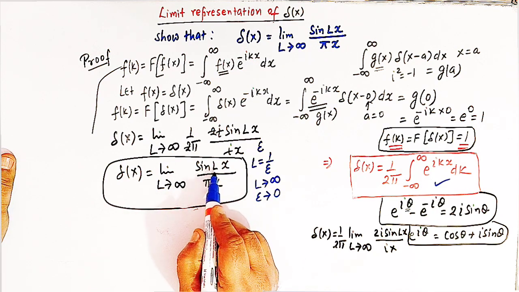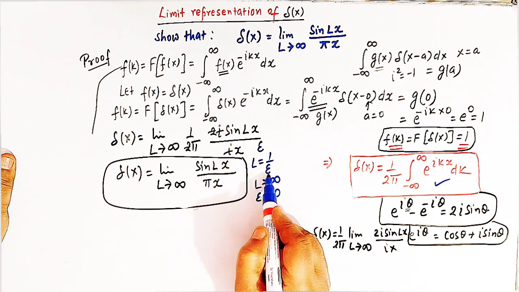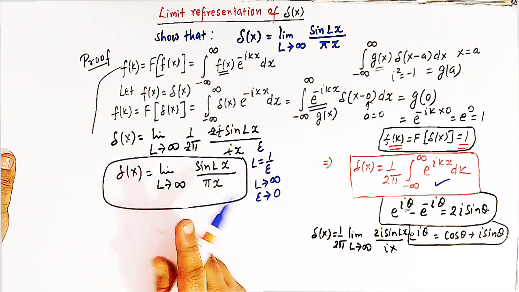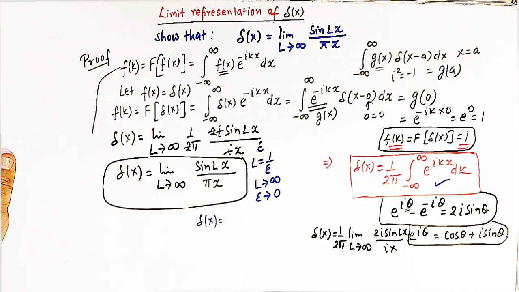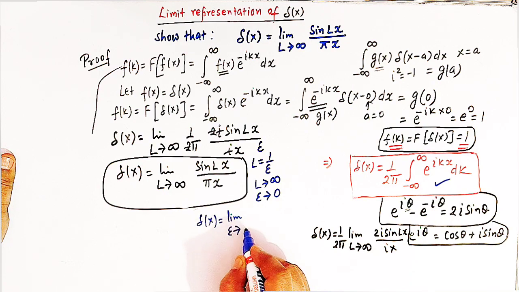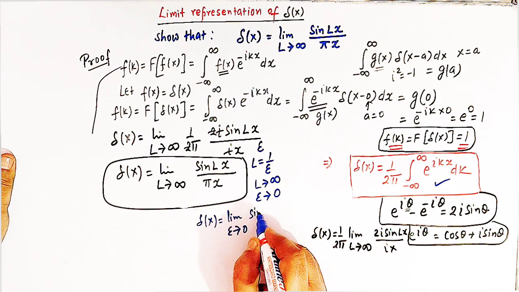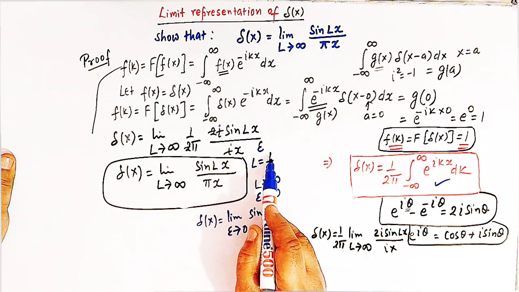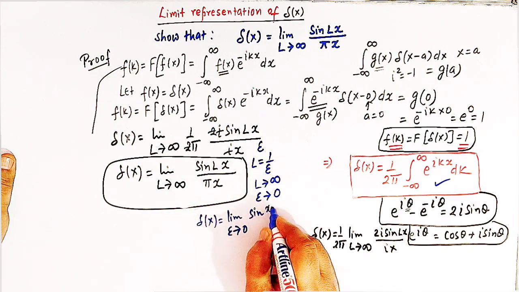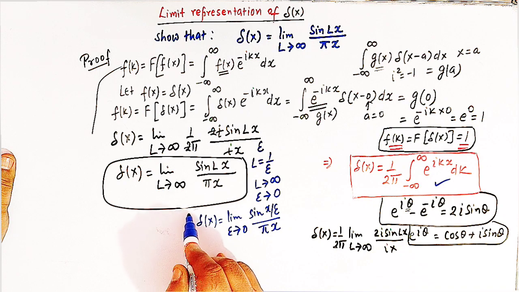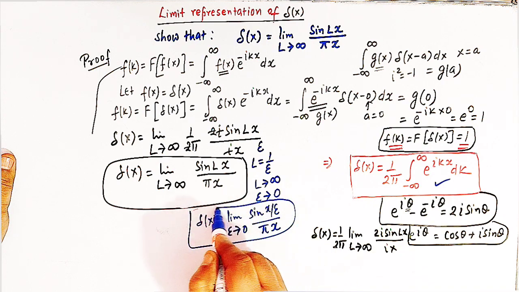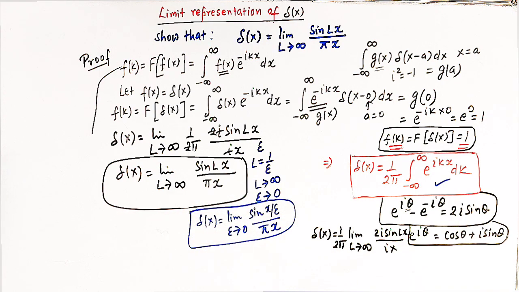So replacing L by epsilon, we can also rewrite this representation of the delta function as delta of x equal to limit epsilon tends to 0 of sine of x over epsilon, divided by pi x, right? So this is another representation of the Dirac delta function, right?